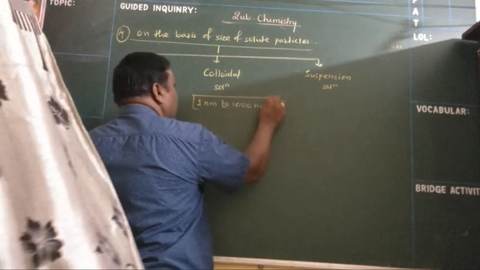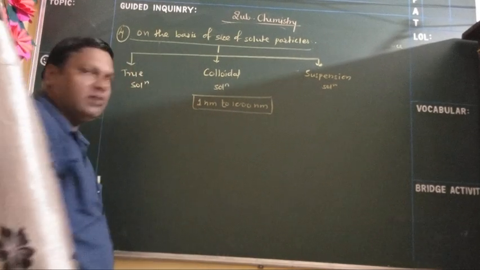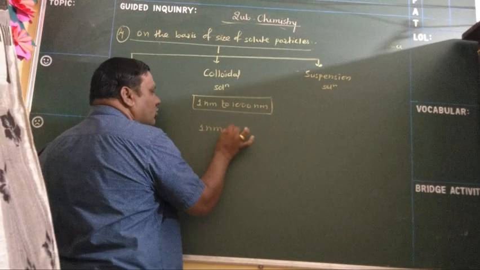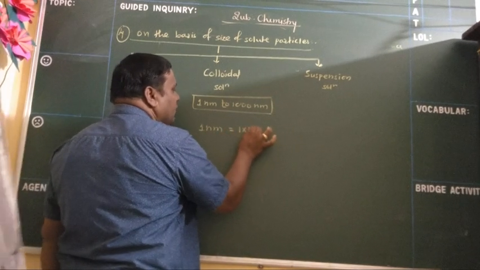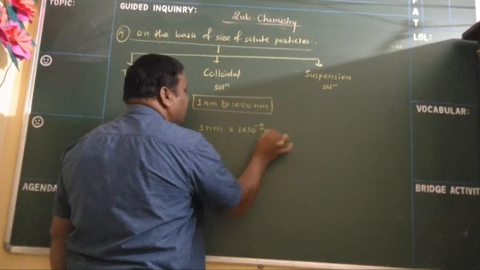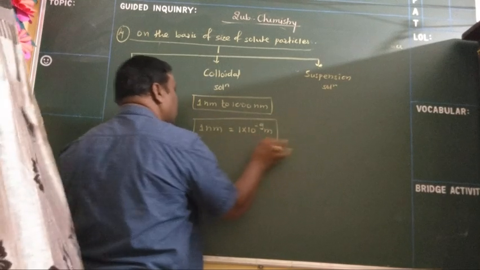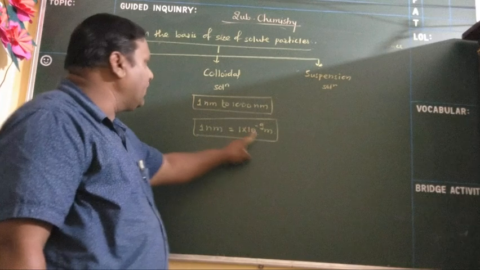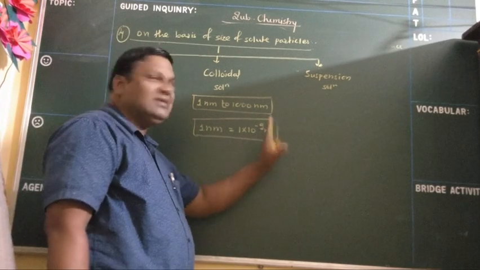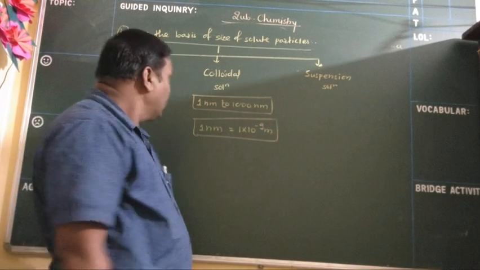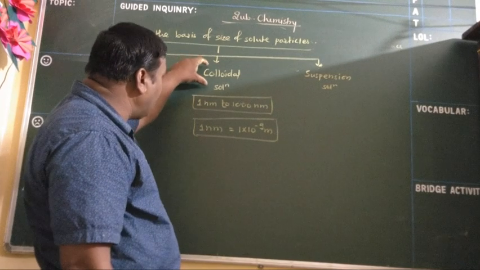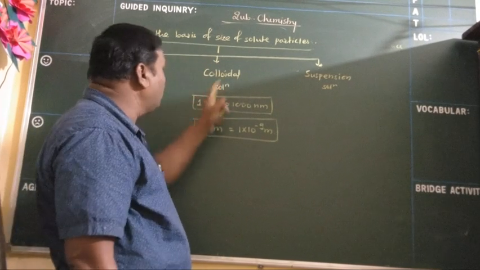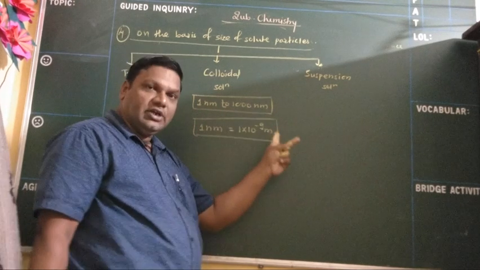Can anyone tell me what is the meaning of nanometer? Here 1 nanometer is equal to 1 into 10 raised to the power minus 9 meter. So in the colloidal solution the particle size of solute is 1 nanometer to 1000 nanometer.